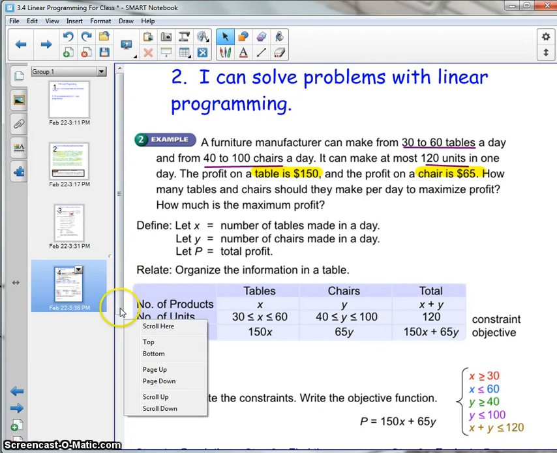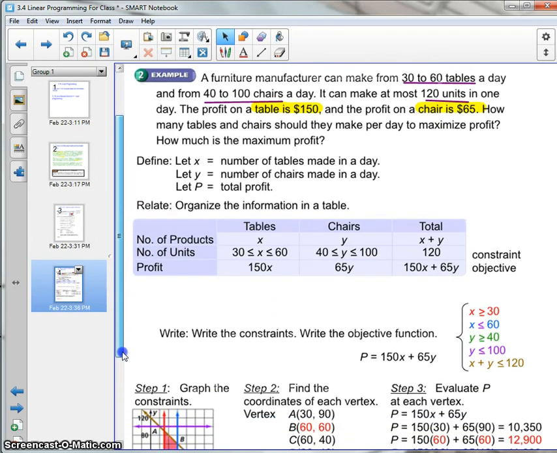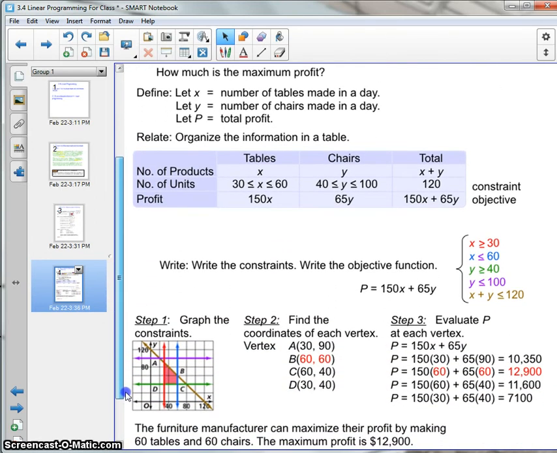Now we want to write our constraints. So we do that by looking at the information given in the table. And we know that our constraints are inequalities. So we have these first two, which relate to the tables that we have. x is greater than or equal to 30, and x is less than or equal to 60, which we got right here from this part in the table.